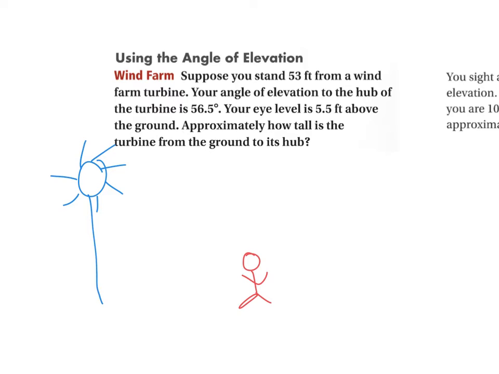So what are the things that it said about this? It says the person's eye level is 5.5 feet tall. So this is 5.5 feet. From here up to the top, do you see that it makes a right triangle?